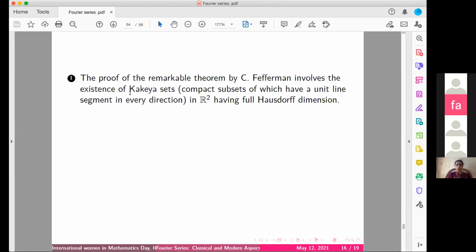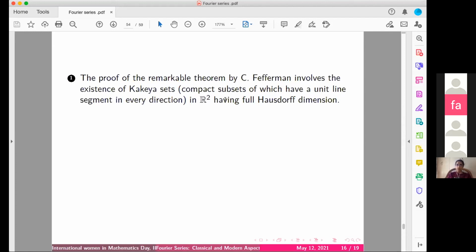Kakeya sets are compact subsets which have a unit line segment in every direction. Of course, you can get many examples of such sets.